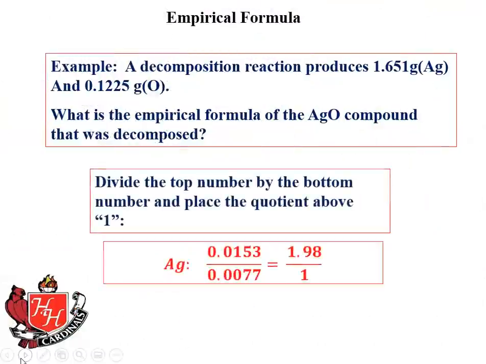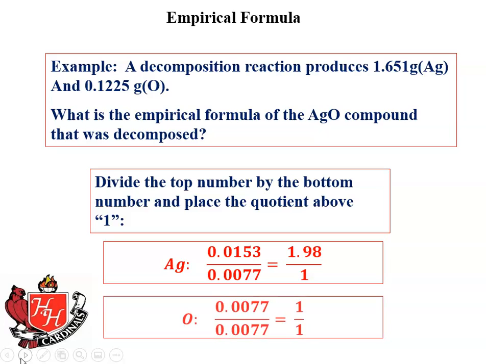So we divide top and bottom, we put a 1 underneath, and when you divide 0.0153 by 0.0077, you end up with 1.98 to 1. And we're going to say that that's close enough to 2 that we're going to count that as being 2. For oxygen, it's just 1 to 1.